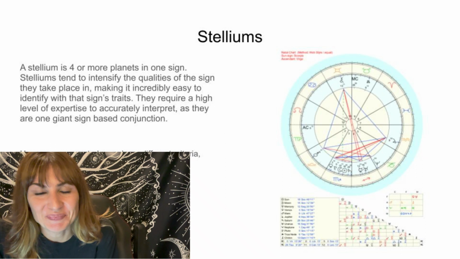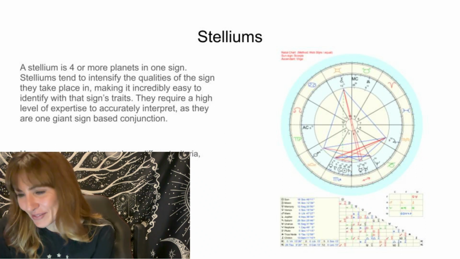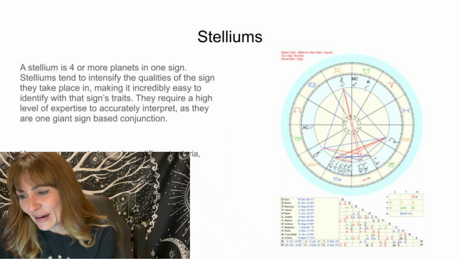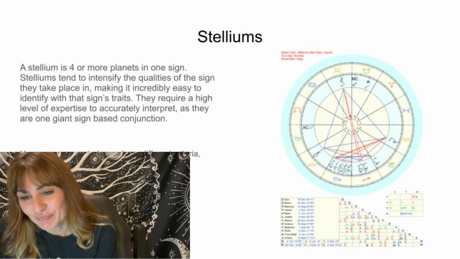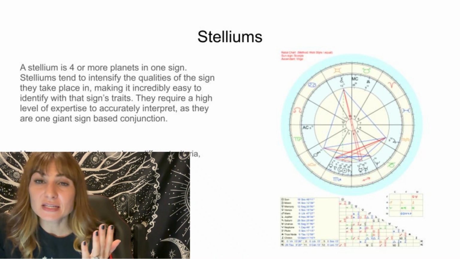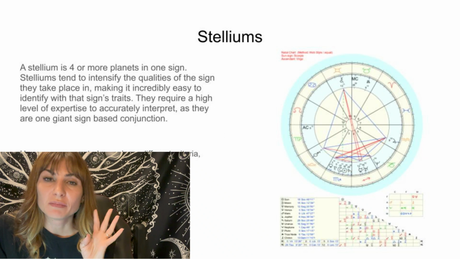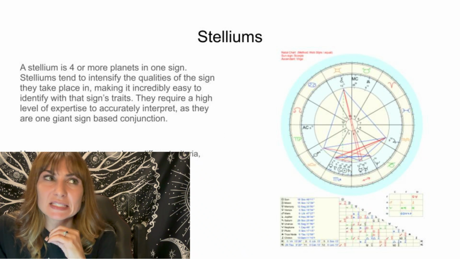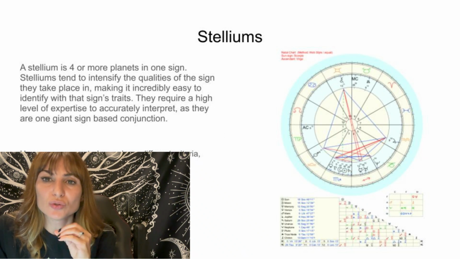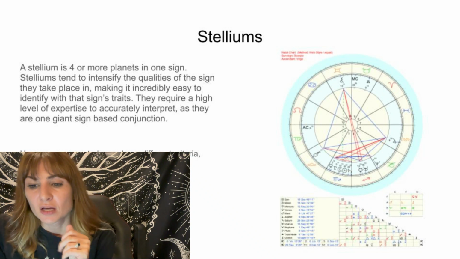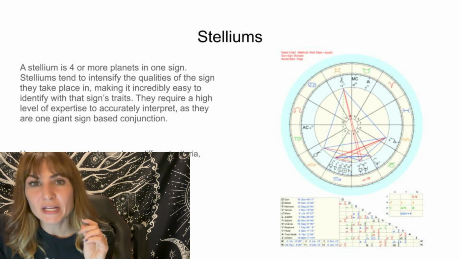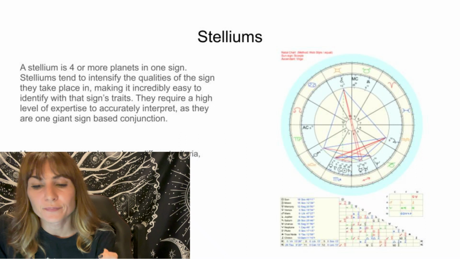Stelliums. Oh, stelliums. So here's my chart. You see that Scorpio stellium. This is my definition, because I feel like it is the simplest way to view a stellium: a stellium is four or more planets in a sign.